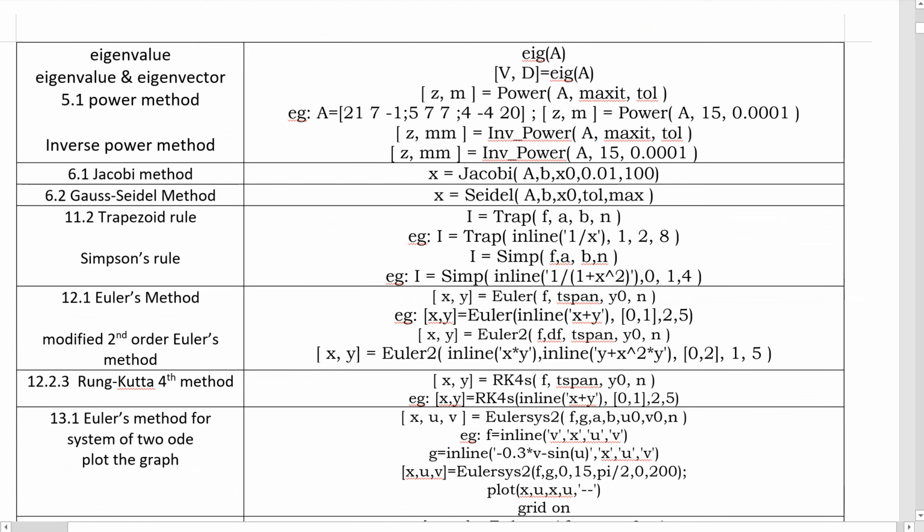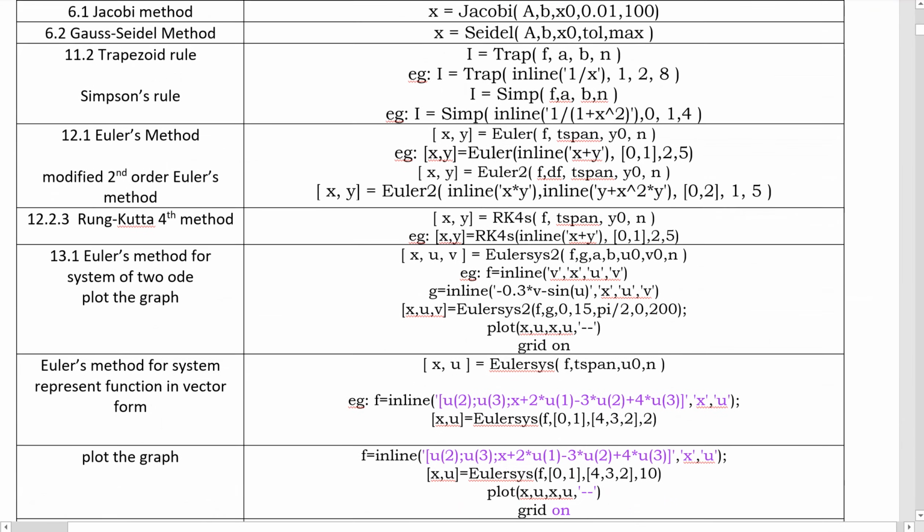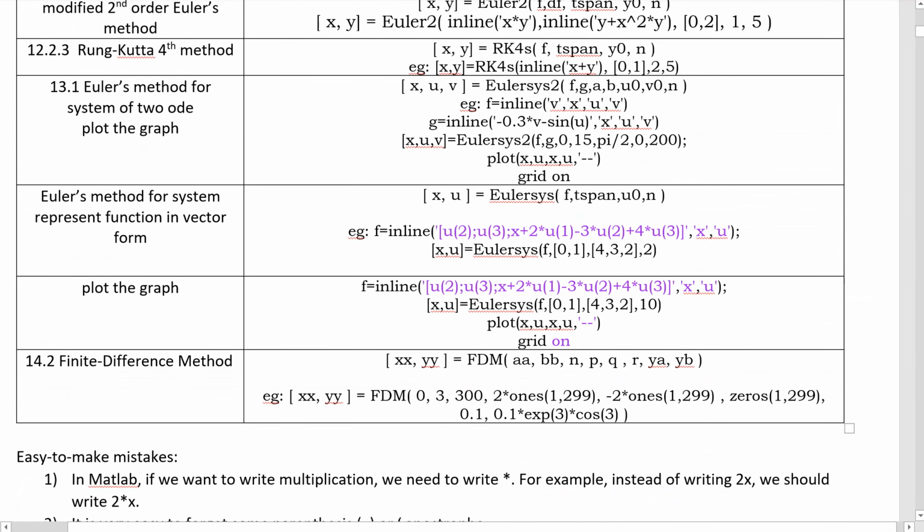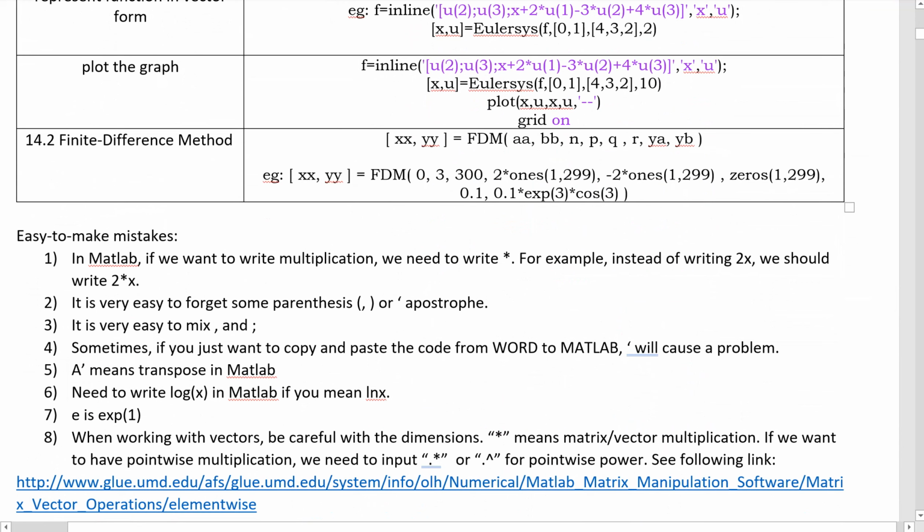I include all of the sections we will cover in this course, and I also give you some easy-to-make mistakes. If we want to write multiplication, we need to write the asterisk. So instead of writing 2x, we should write 2 asterisk x.